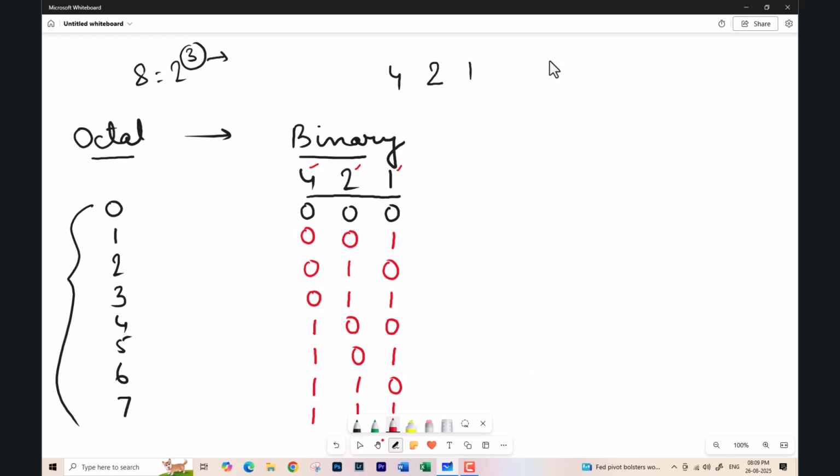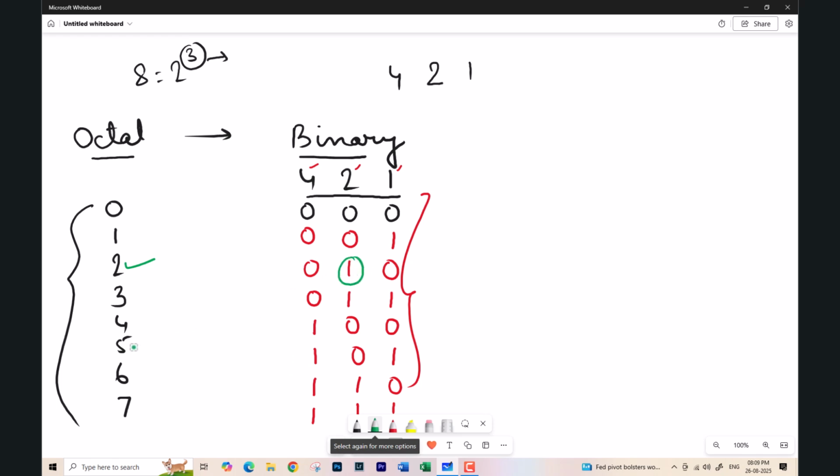In this case, whichever bit I am taking, I will simply put 1 at that particular bit, and whichever bit I am not taking, I will simply put 0 on that particular bit. Now for example this 2, for this 2 I am taking only this 2 bit, and rest are 0.